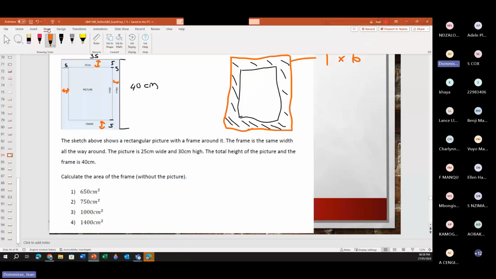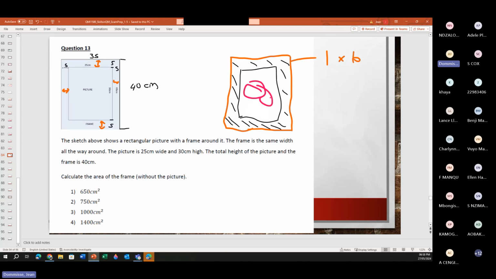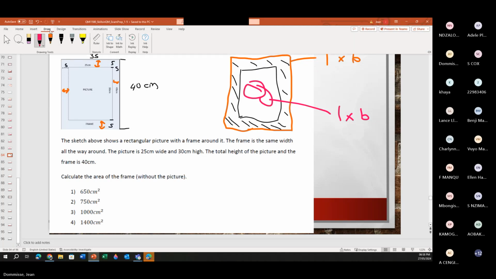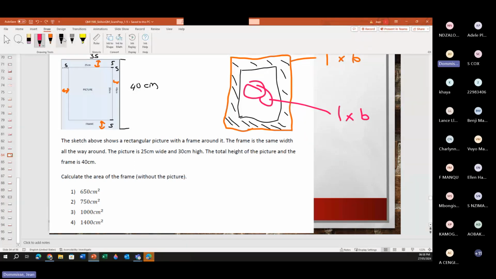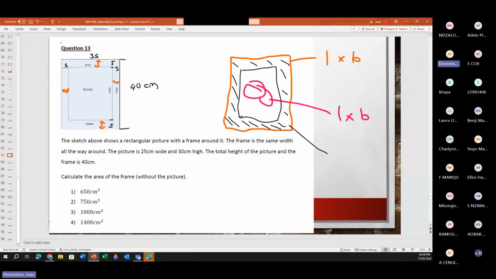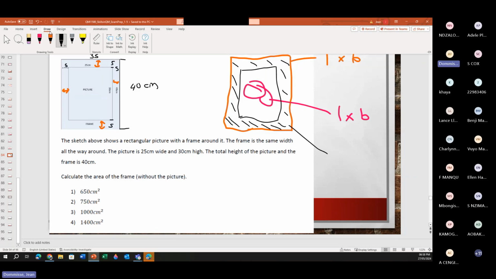And then we're going to take out this area, the pink, which again is L times B. If we subtract those two, we will get to the black area.